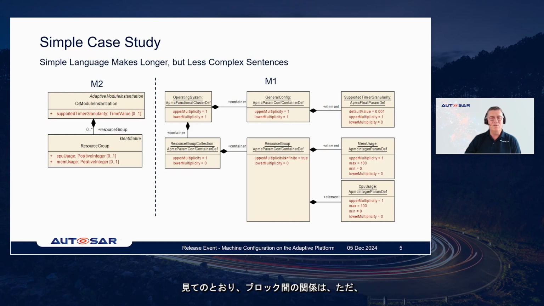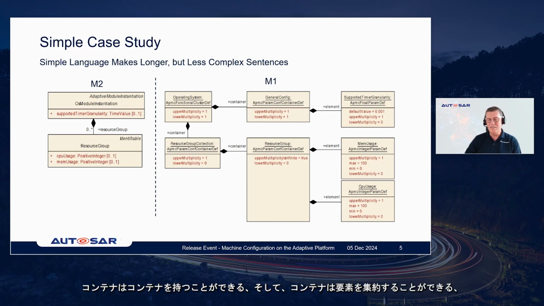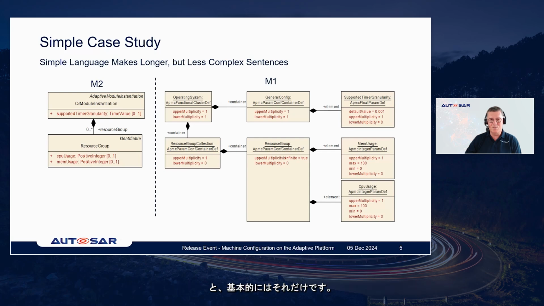As you can see, the relations between the blocks are just that a container can have a container, or a container can aggregate elements. That's basically it. And each of those elements can have an arbitrary multiplicity. Here we have one example where the multiplicity is 1. Here is an example for 0 to 1. And here is an example for 0 to star.